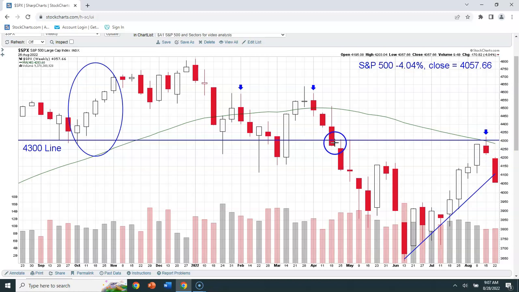The last time we had a weekly close above 4,300 on the S&P 500 was right here, where my cursor is circling, during that second week in April. Other than that, every single weekly close has been below 4,300. Keep that in the back of your mind. That 4,300 level is going to be super important on a go-forward basis.